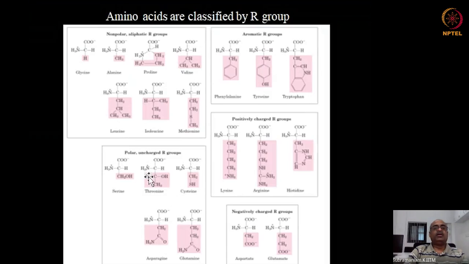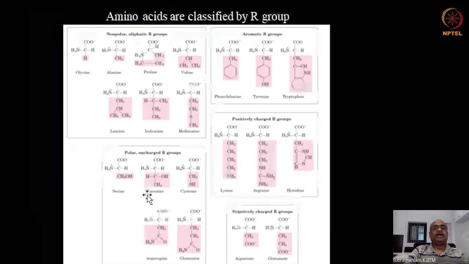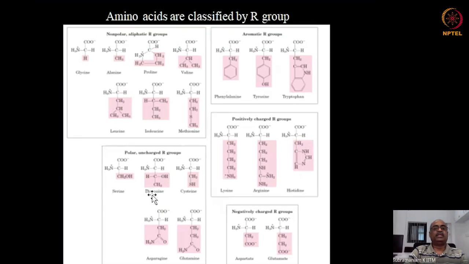Then you have polar uncharged ones, like instead of being totally hydrophilic, you can have a hydroxyl group on the side chain, like serine, threonine, and cysteine. You have an SH group here instead, so the methionine and cysteine are the ones that have a sulfur in them. Okay.